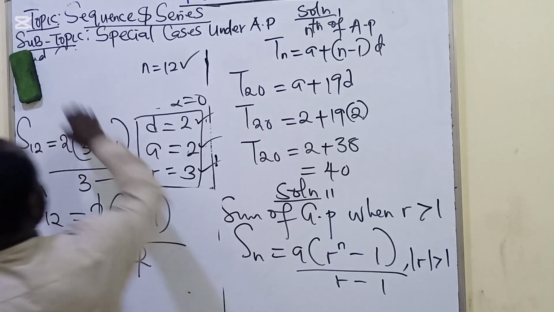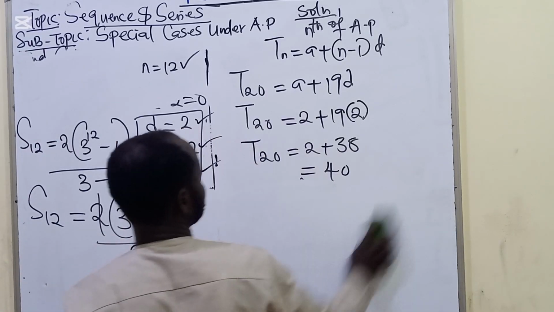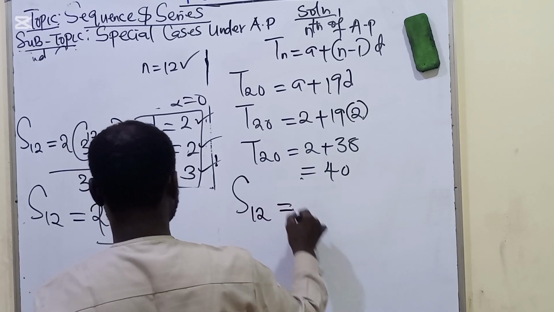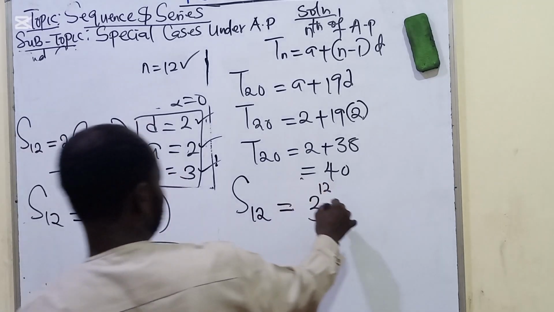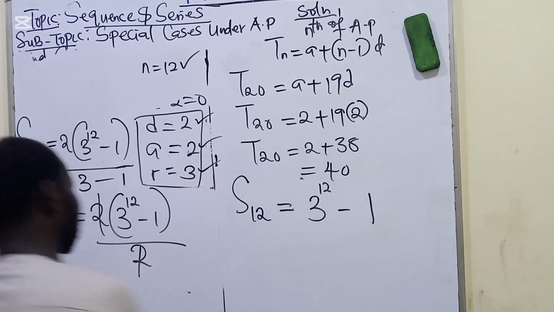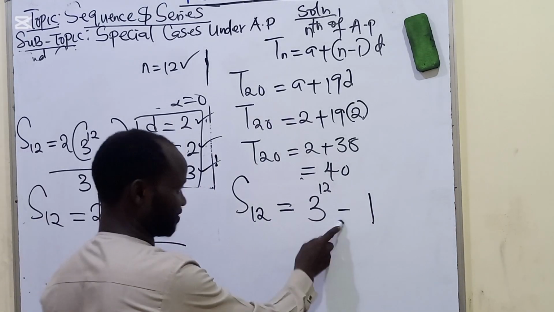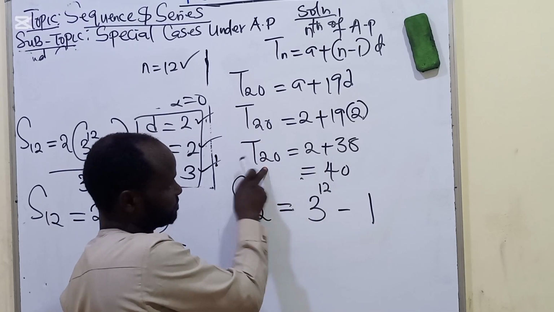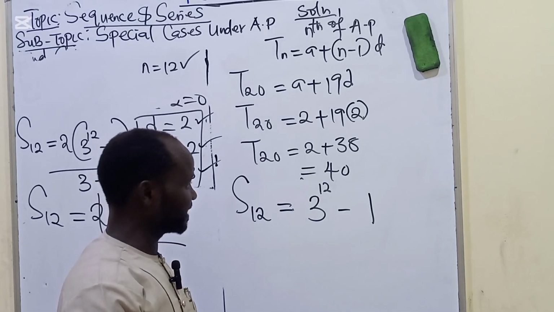Finally, the sum of the first 12 terms now will be 3 power 12 minus 1. So this will be the solution to Roman numeral 2: 3 power 12 minus 1. For Roman numeral 1, the 20th term is nothing but 40. Very long problem, but we have handled it.